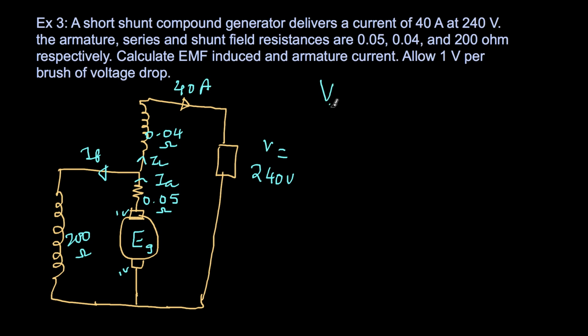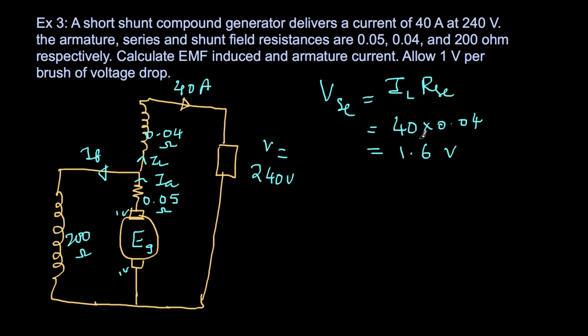So the V drop in series, or let me call it VSC, is nothing but I load multiplied by RSC. The load current is 40 amperes and the series resistance is 0.04. So this looks like 1.6 volts, 4% of 40.